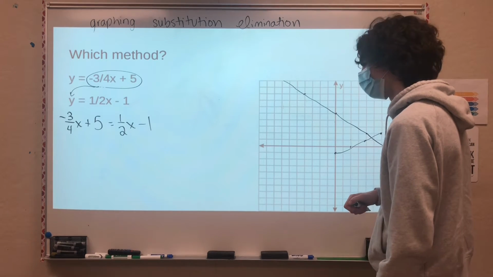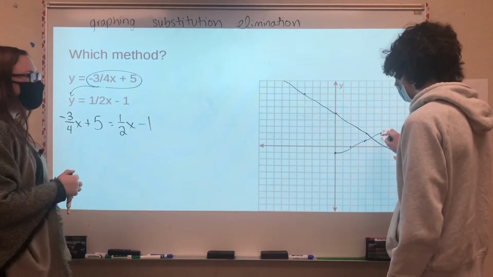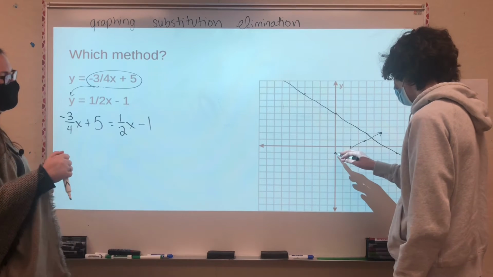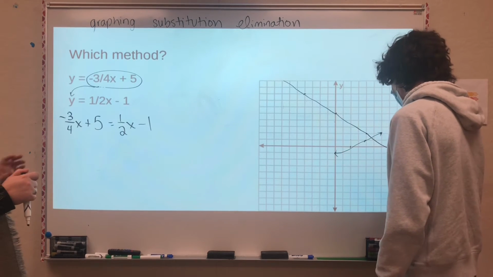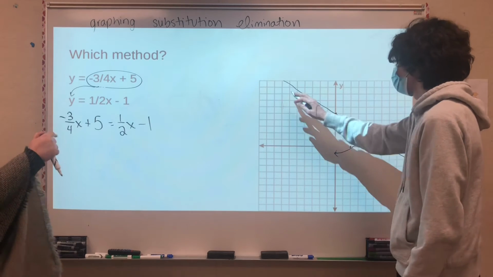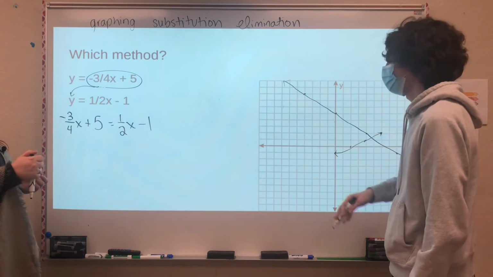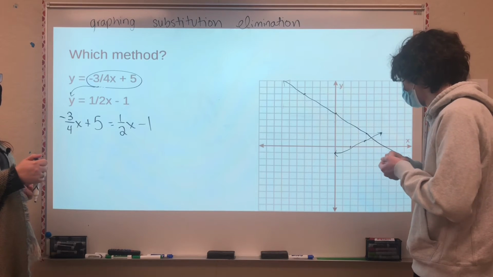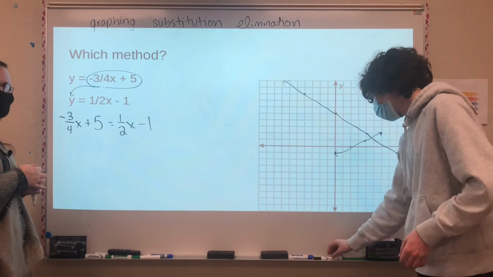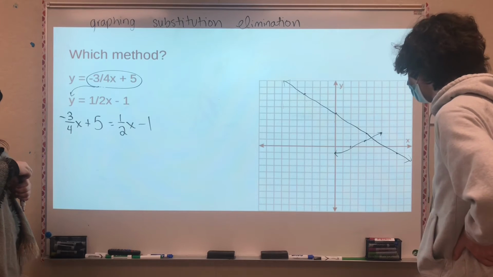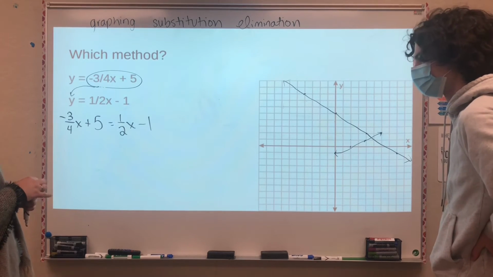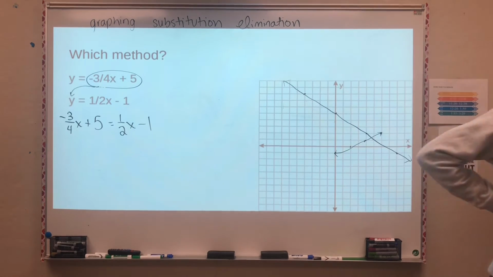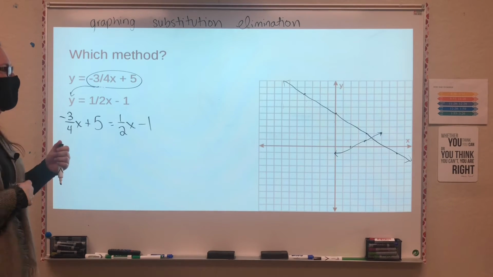And this is a perfect example of the fact that they're not always going to be beautiful solution points. We had talked about that in one of the previous lessons. I think it was yesterday's lesson, how sometimes you can get fractions and decimals in your solution point. We're going to make this a learning experience. I did not mean to give us this fun solution point, but everything is all good.